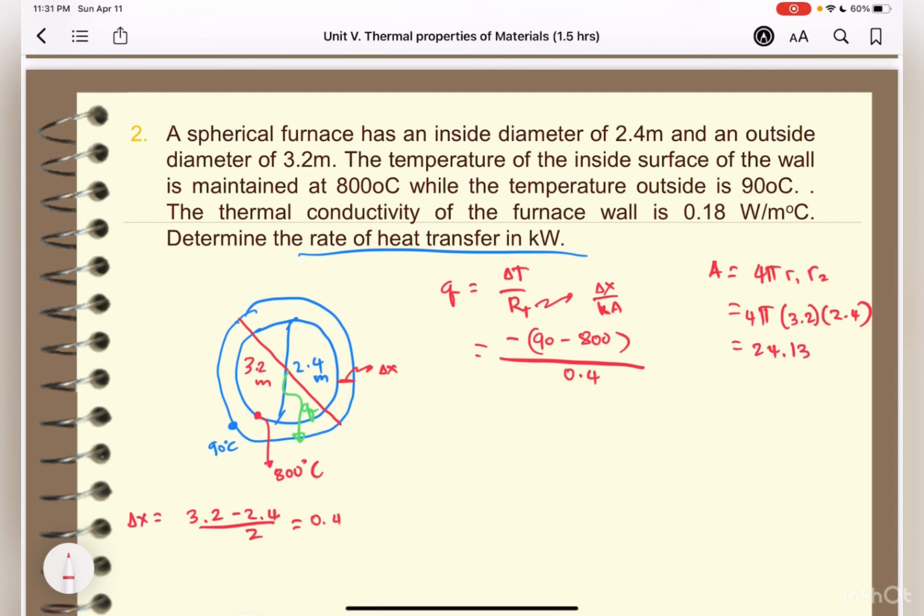So divided by 0.4 over K, given as 0.18, times the area of 24.13. So you get easily your Q to be roughly around 7.71 kilowatt.